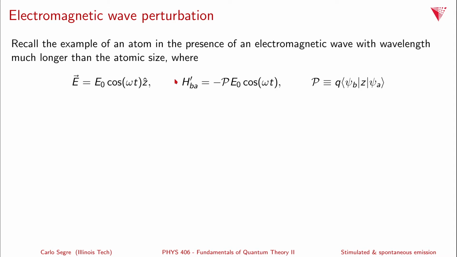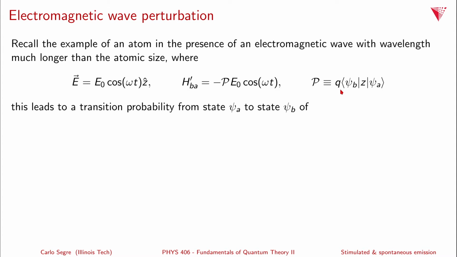The perturbing Hamiltonian matrix element is equal to minus the polarization P times E sub 0 times cosine of omega t. And the polarization is just the charge times the matrix element psi b z psi a, where psi a is the lower energy state and psi b is the higher energy state.